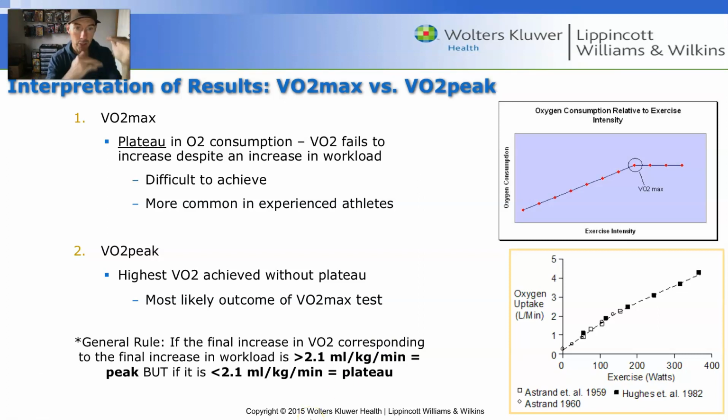If the difference in those 3 numbers is less than 2.1 ml per kg per minute, that means we have a plateau, and we would call that a VO2 max. If the difference in the numbers is greater than 2.1, we call that a peak, okay? So the first thing you're going to do with the lab interpretation is determine if this test was a max or a peak, okay? And I'll talk you through this on the video as well.